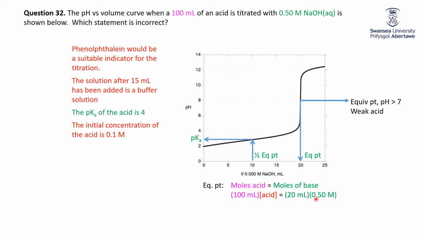For the base, we do know that we had 0.5 molar NaOH, and we know that to get to the equivalence point, we needed 20 milliliters, 20 cubic centimeters. So multiplying all that out, the concentration of the acid is indeed 0.1 molar. So pKa of the acid, certainly not 4. That is the incorrect statement.